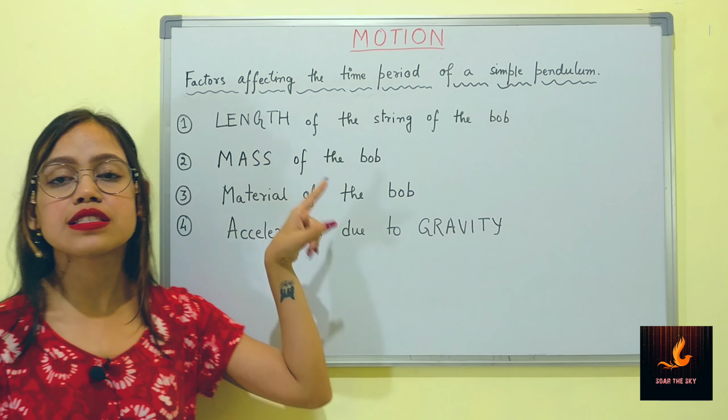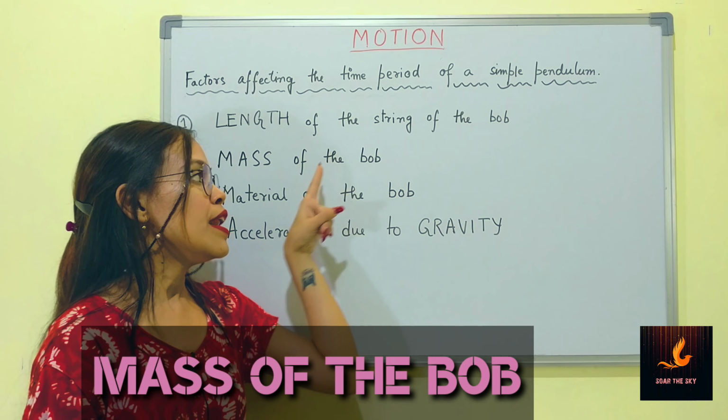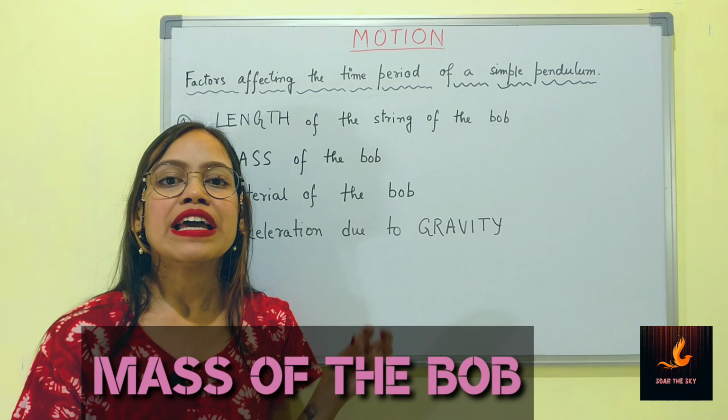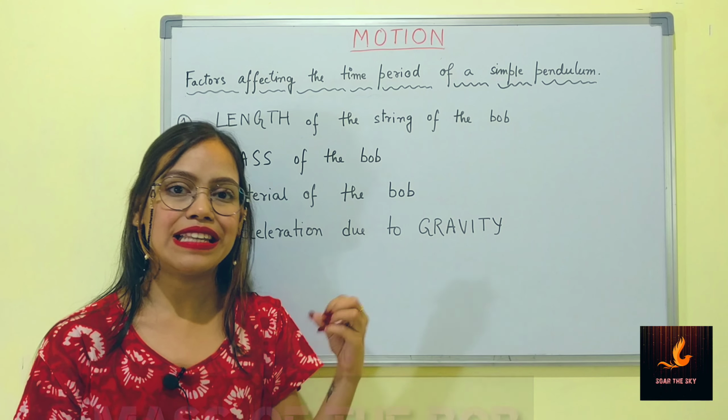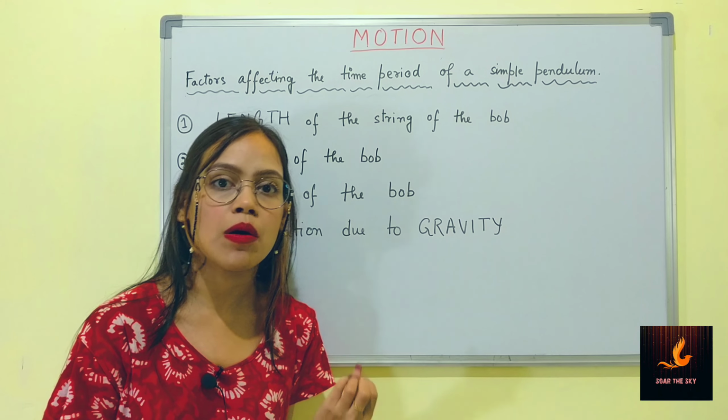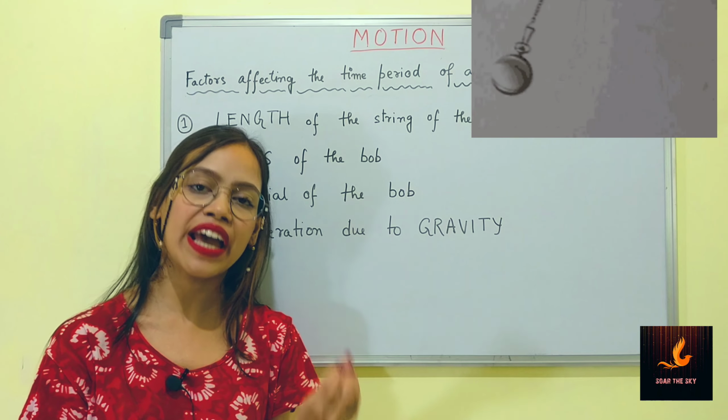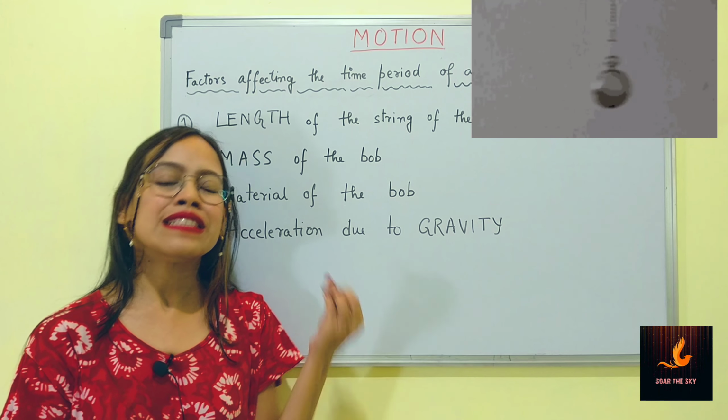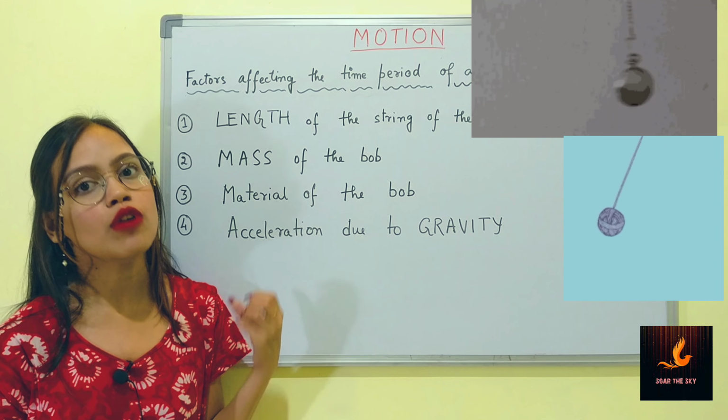Second factor is the mass of the bob. Now, if the bob is heavier or if it's lighter, say for example, if the bob is made of iron, it would be heavier compared to the same sized bob which is made of wood.